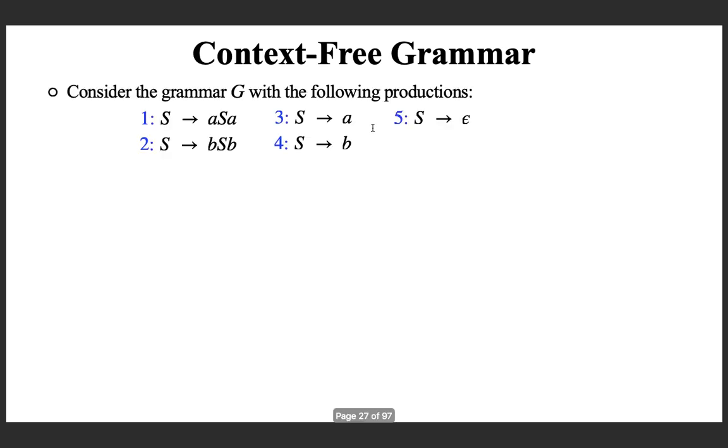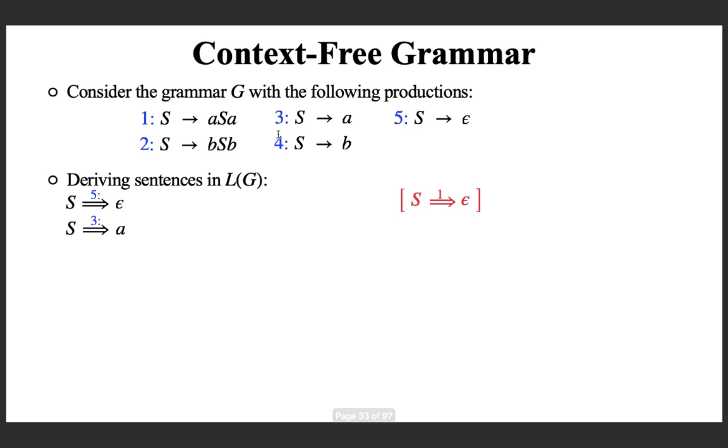Now let us look at another example context free grammar. Please don't get worried about this. We can try deriving strings. You start with the start symbol, apply production number 5, you are deriving epsilon in one step. Next example, you start with S, now applying production number 3, you are getting a terminal string A derived in one step.